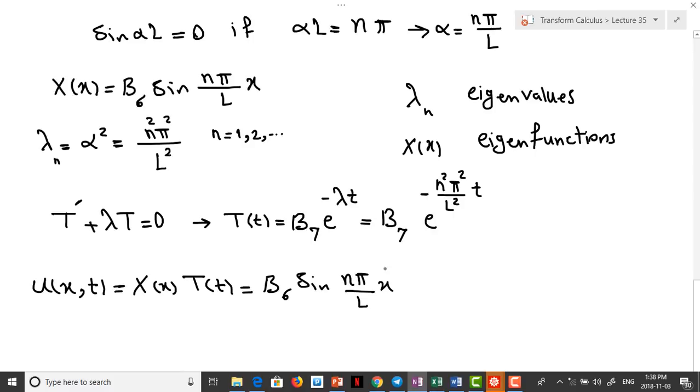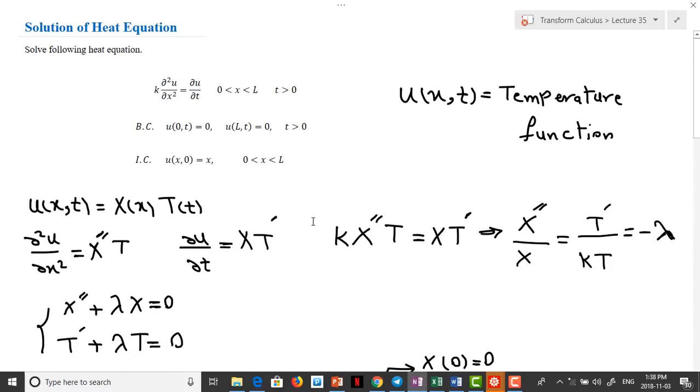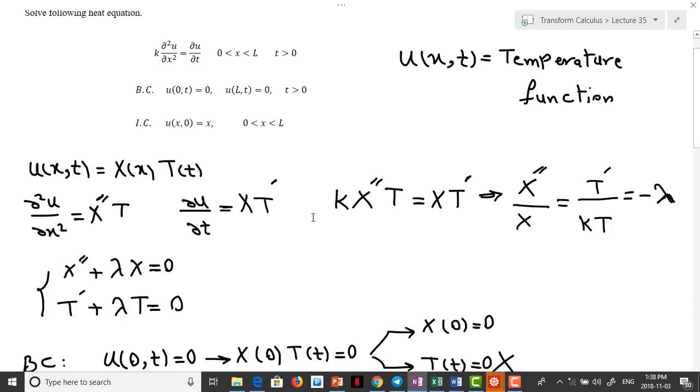And T of t we found is equal to b7 e to the power of minus n squared pi squared divided by L squared times t. I think I made a mistake here. Yes, here I made a mistake.